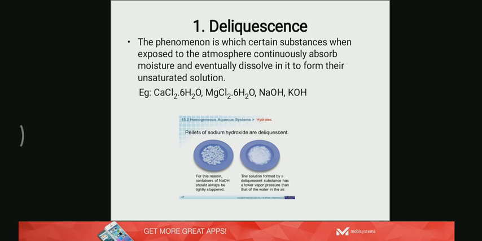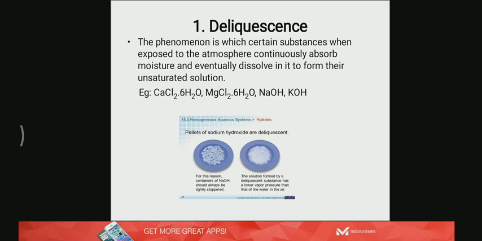For example, suppose a gas dissolves in a solid, or you are familiar with certain gases getting adsorbed on the surface of metals, or it can be chemical combinations like a salt absorbing moisture and forming a salt hydrate, or a metal oxide absorbing carbon dioxide from the atmosphere forming metal carbonates, etc.